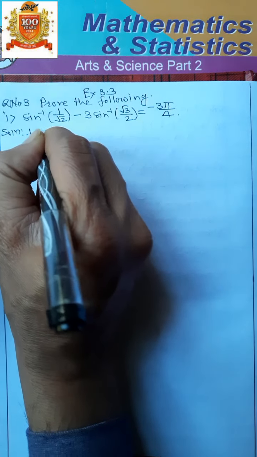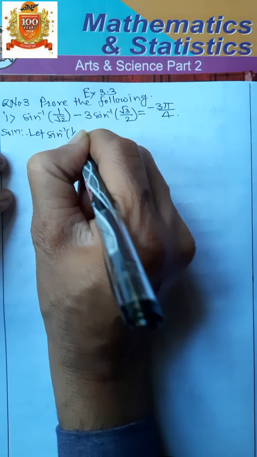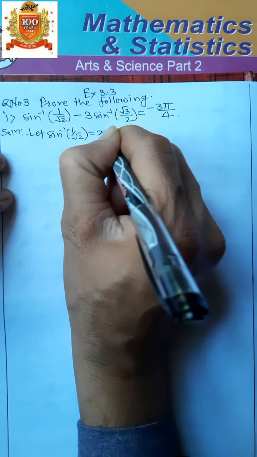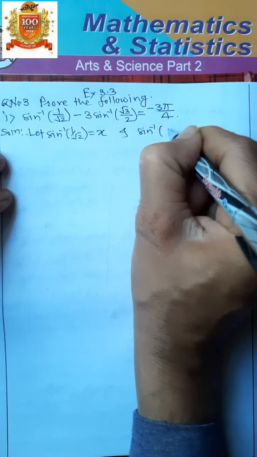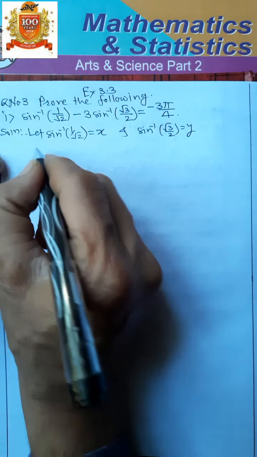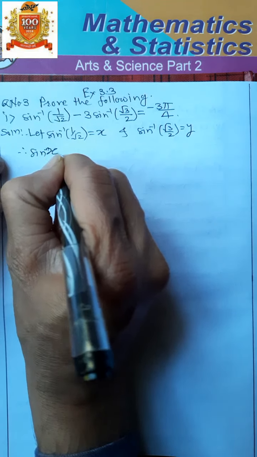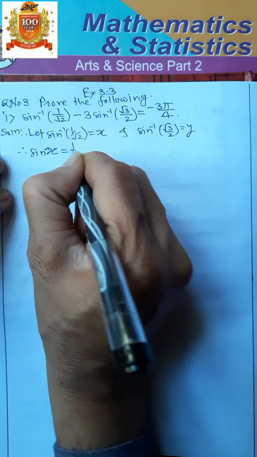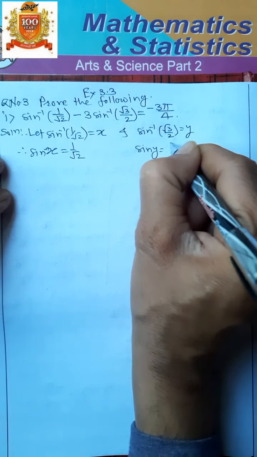Let sine inverse of 1 upon root 2 is equal to x and sine inverse of root 3 by 2 is equal to y. Therefore, sine x is equal to 1 upon root 2 and sine y is equal to root 3 by 2.